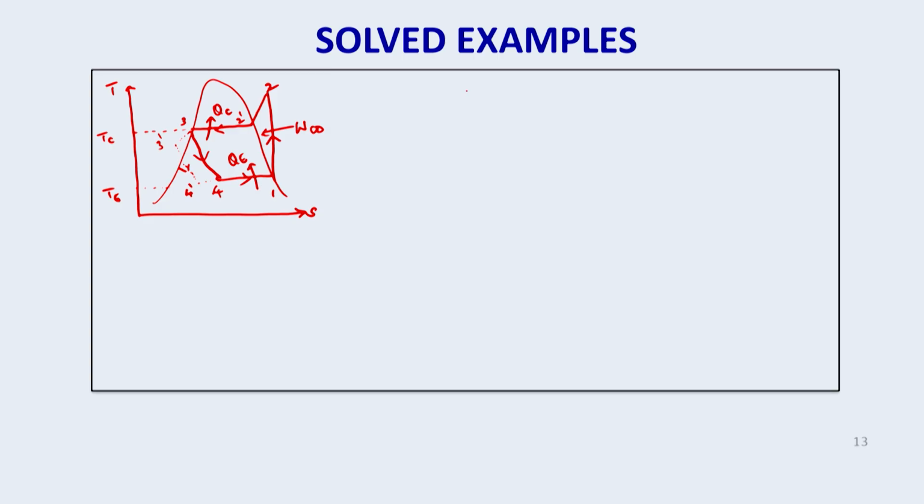Let me plot the process on a pressure enthalpy diagram. Y-axis is pressure, x-axis is enthalpy. So, this is state point 2, this is 1, this is 2 dash, this is 3. 3 to 4 is without subcooling.